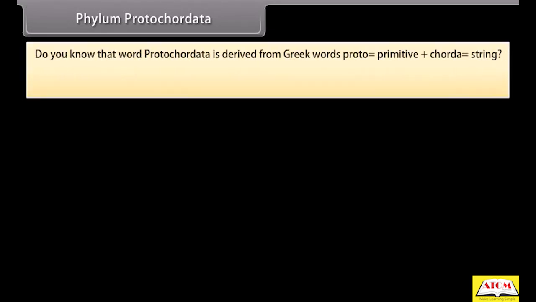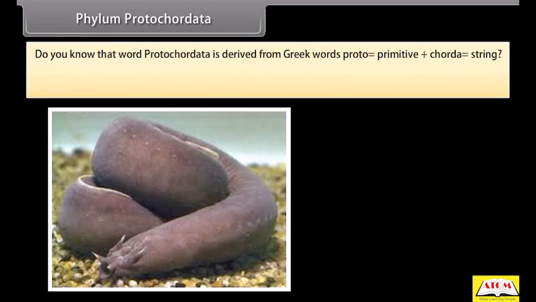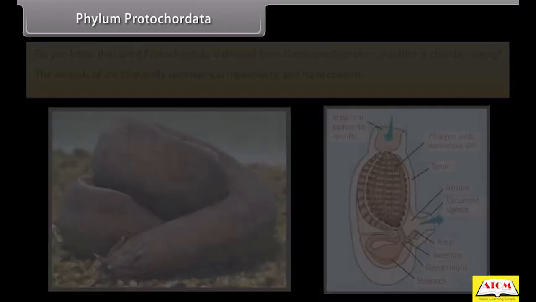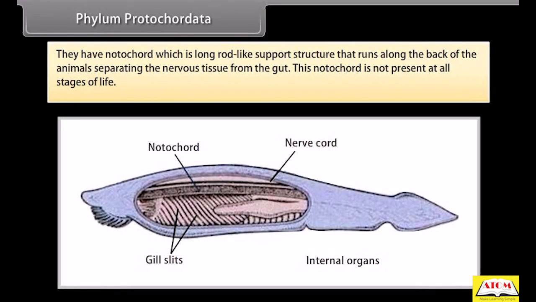Phylum Protochordata. Do you know that word Protochordata is derived from Greek words proto is primitive plus chorda is string. The animals are bilaterally symmetrical, triploblastic, and have coelom. They have notochord, which is long rod-like support structure that runs along the back of the animals, separating the nervous tissue from the gut.